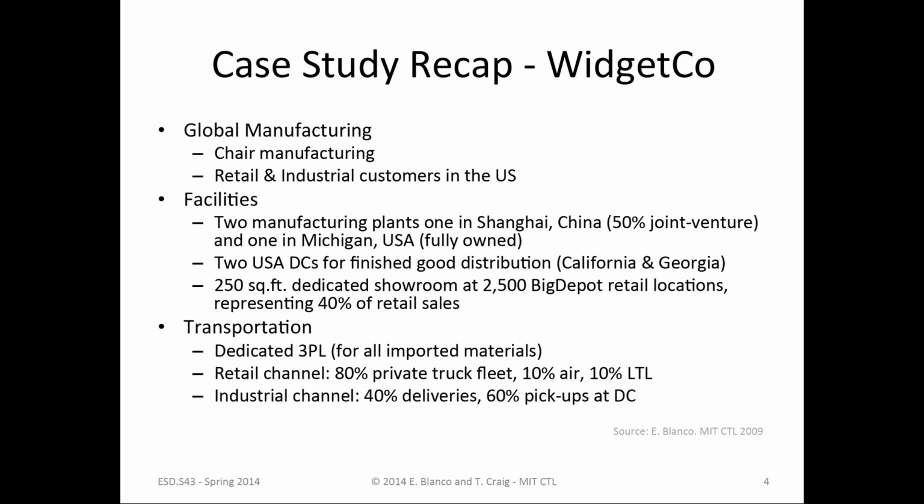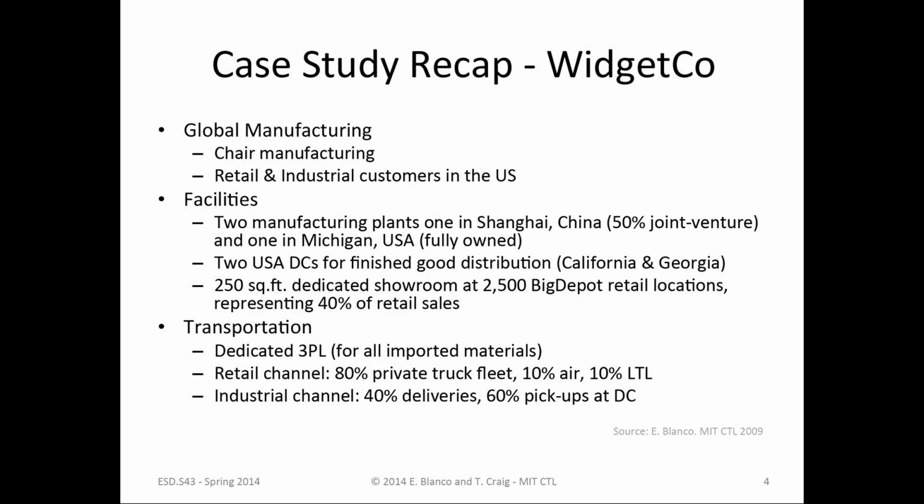You have two distribution centers in the U.S., one in California and one in Georgia, that you use for finished goods. You also have a partnership with a large retailer that sets aside dedicated space within each of their big box stores just to showcase your products. Transportation: you use a 3PL to bring in imported materials and finished goods.